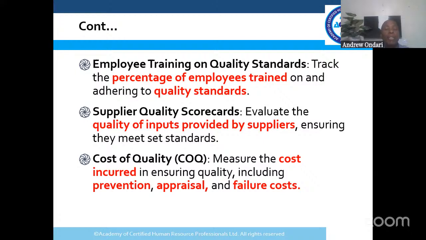It is important to ensure that there is quality at all levels, starting from the gate, that is the security people that are manning those gates. One of the quality standards that we could expect to get from the people at the gate is courtesy, that the people should courteously welcome visitors to the organization.